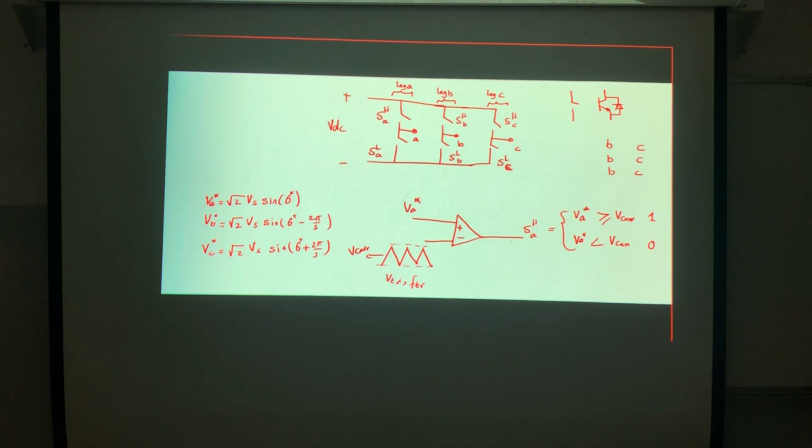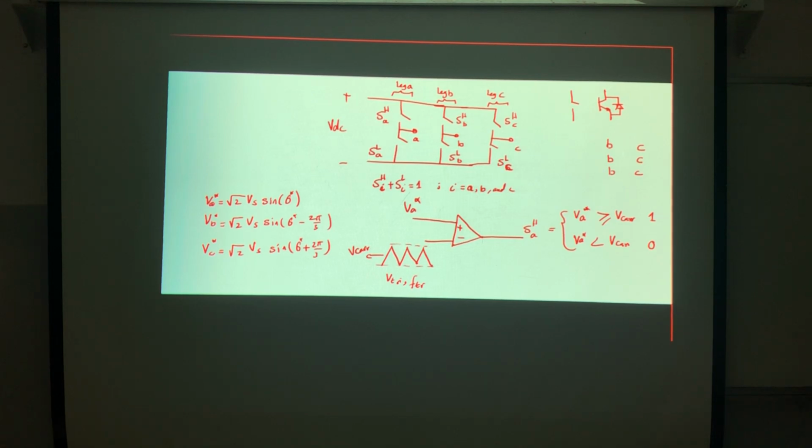So we know that any leg should obey SHI plus SLI should equal 1, when I is equal to A, B, or C. Simply this means that the two switches here will be in the complement state.